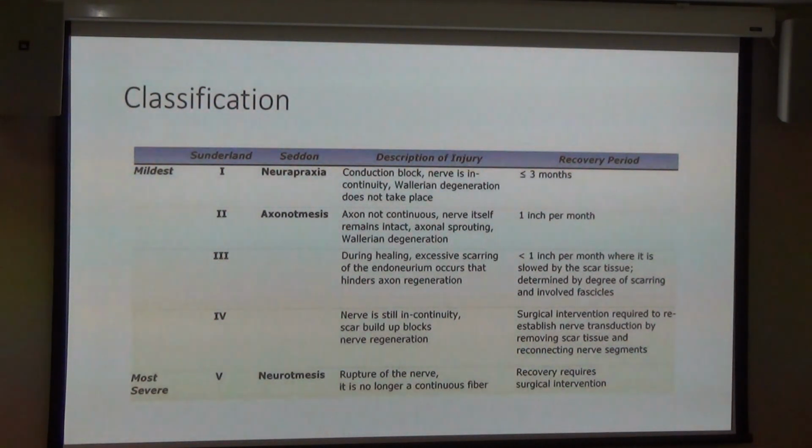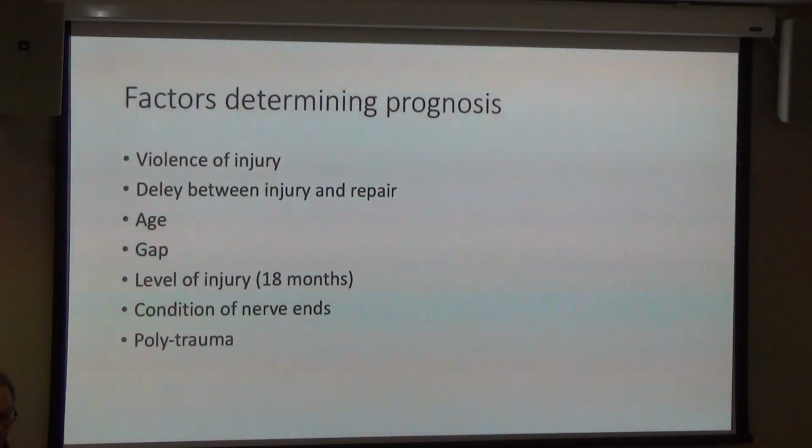But there is some strange stuff out there when it comes to nerve injuries. Factors determining prognosis: violence of injury, polytrauma, delay between injury and repair, age, whether there's a gap in the injury, and level of injury.